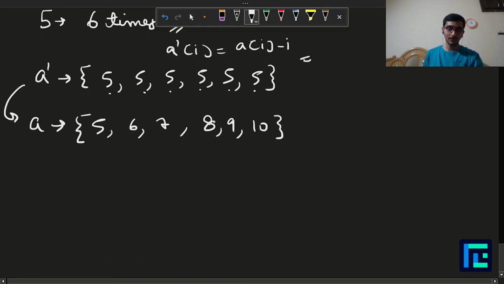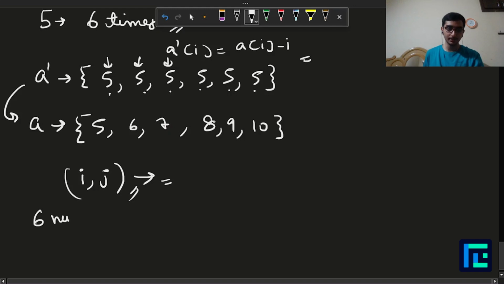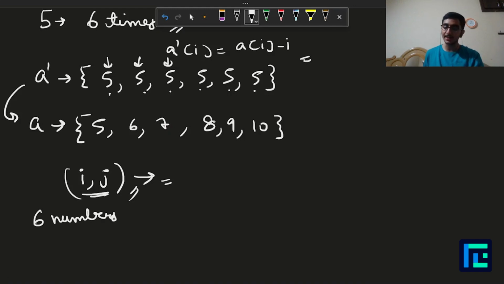So I have to now find the number of pairs, right? But I know that any i or j you choose, in this case, any i and any j would result in satisfying the two conditions mentioned in the problem statement. So if there are 6 numbers and I can choose any two numbers, how many ways are there?